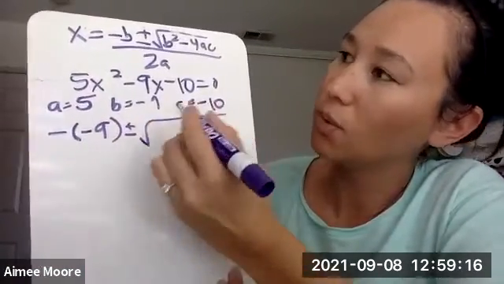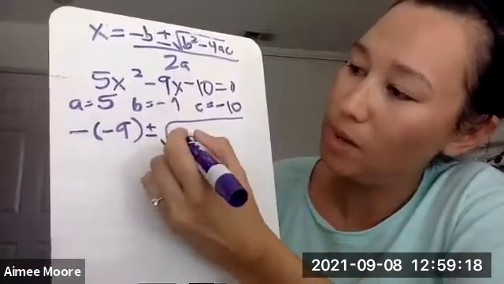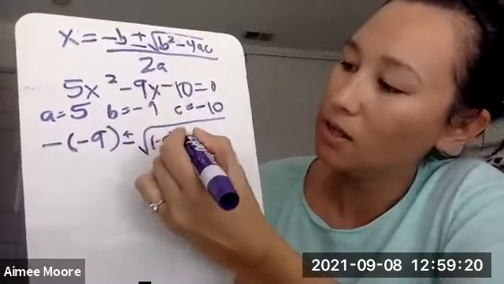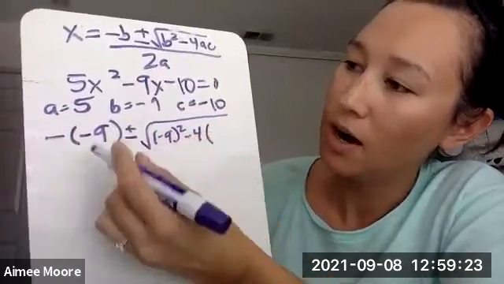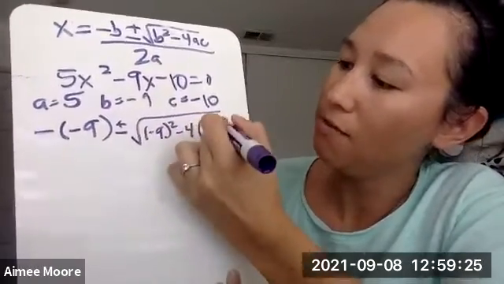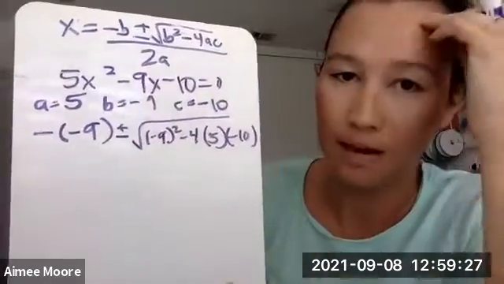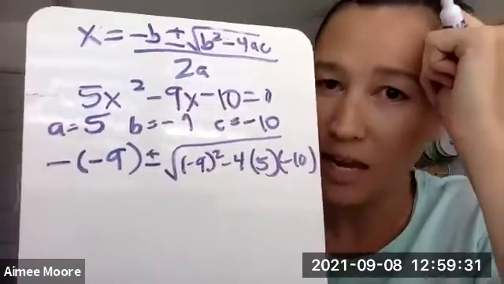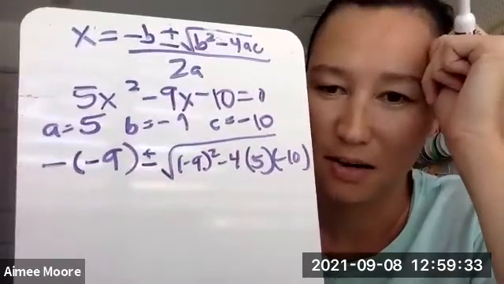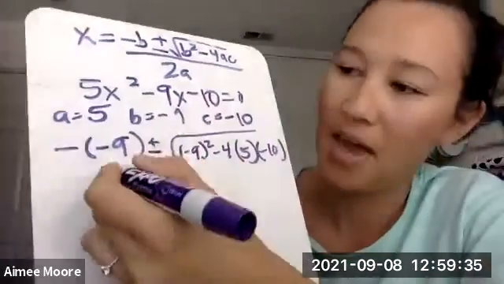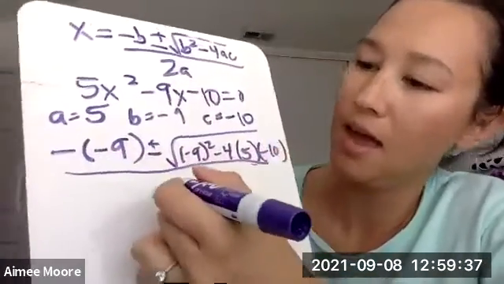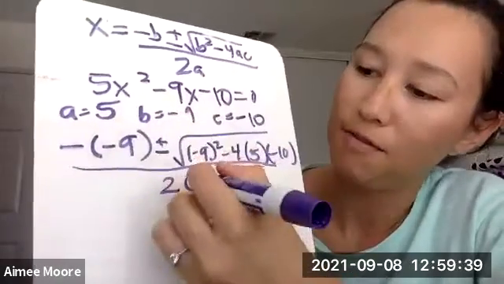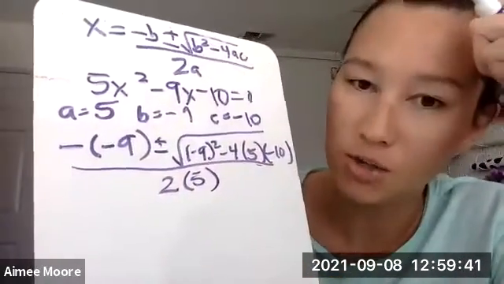Plus or minus the square root of b squared. b is negative 9 squared minus 4 times a, which is 5, times c, which is negative 10. I'll pause there. Any questions so far? Okay, all over 2a, which a is 5. So divided by 2 times 5.